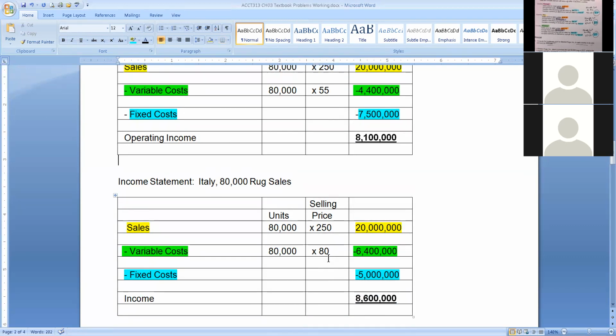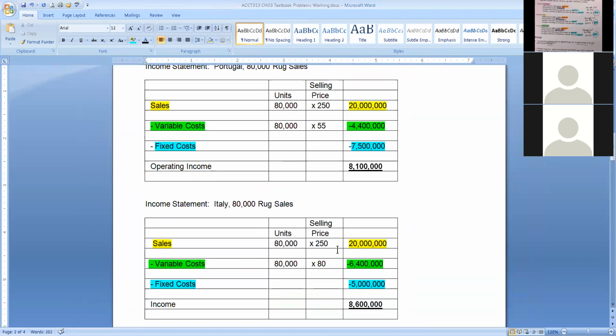So you see these two are kind of close now. Part of the reason they're close is that this variable cost is lower. So once you get up into a certain area, this one's probably going to be the better one to go with. It's $25 a unit cheaper.